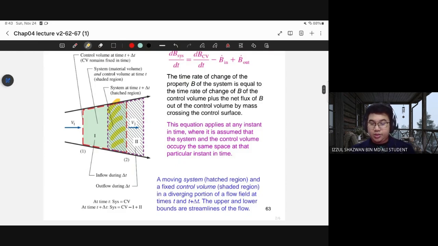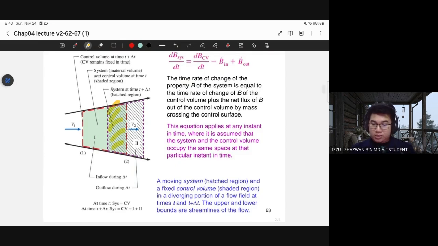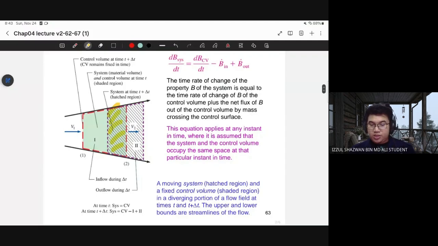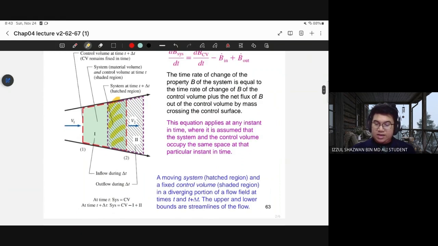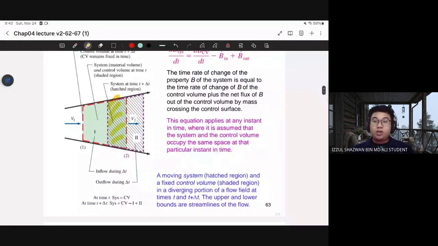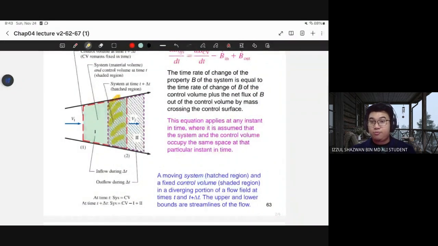The rate of change of this property B of the system is equal to the time rate of change of B of the control volume plus the net flux of B out of the control volume by mass crossing the surface. This equation applies at an instant of time, where it assumes the system and the control volume occupy the same space at that particular instant, meaning we only calculate at one particular time, not more than that.